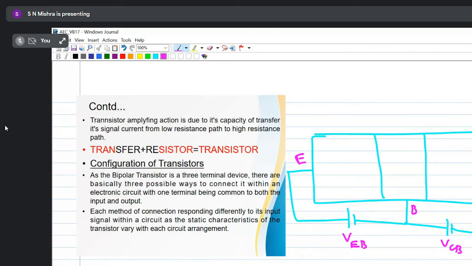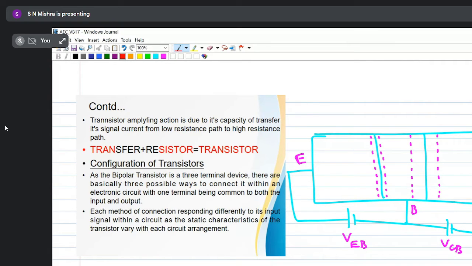Forward. Collector base junction? Reverse. So in forward bias, is the depletion region wider or narrow? Narrow. Reverse bias? Wider.